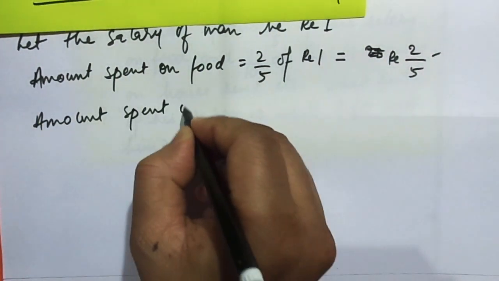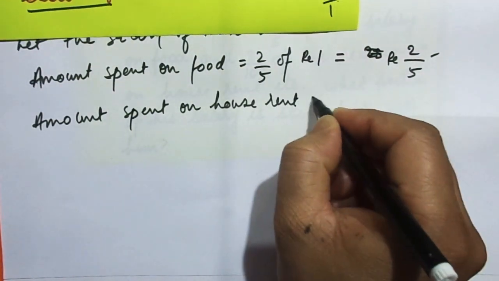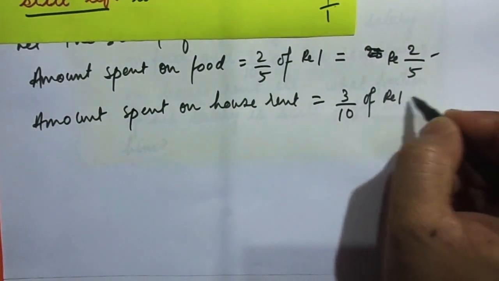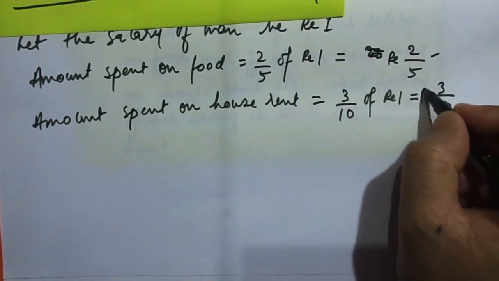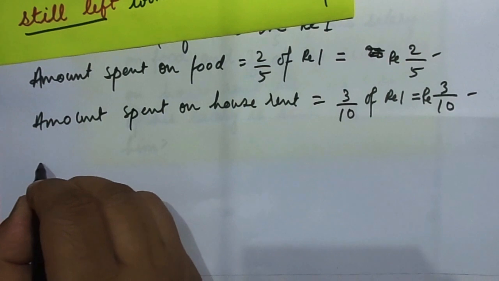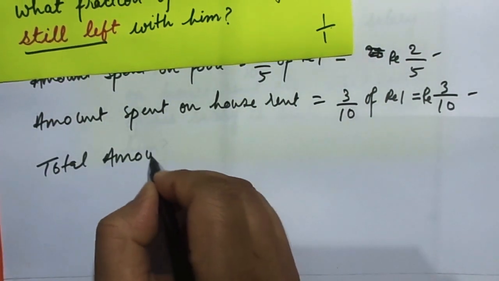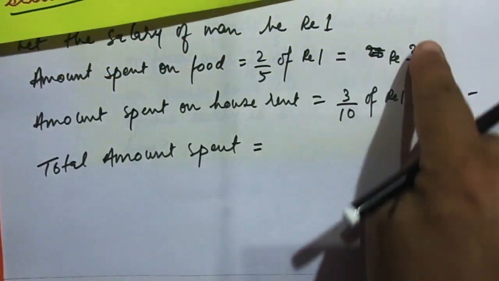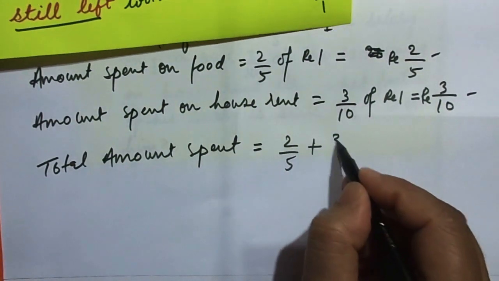And amount spent on house rent is equal to 3 by 10 of rupee 1, which will be equal to rupee 3 by 10. Okay, so total amount spent. So how much he has spent? He has spent 2 by 5 and 3 by 10.